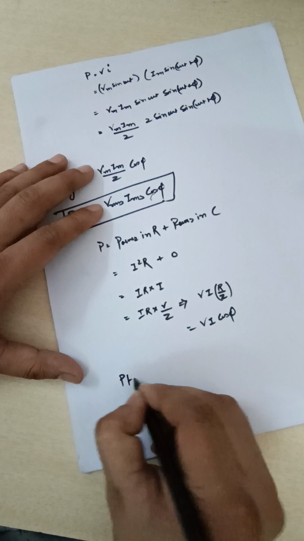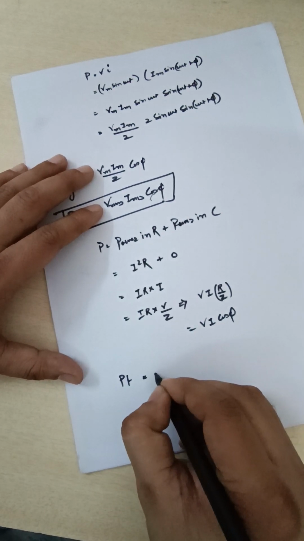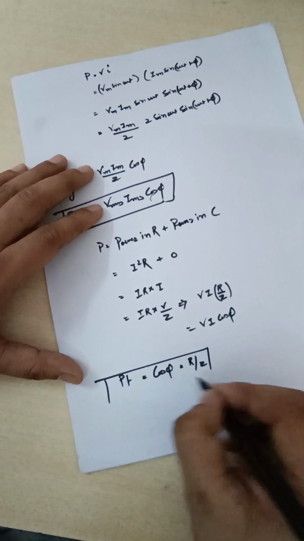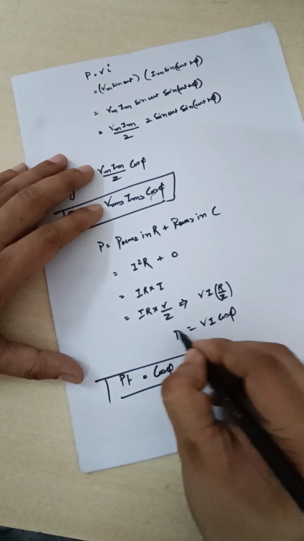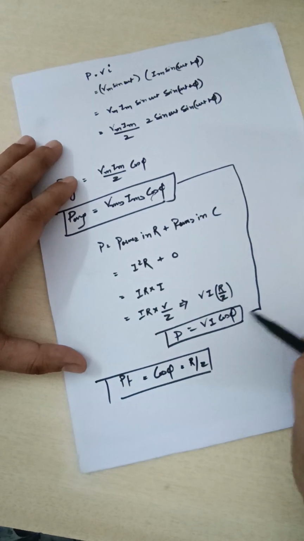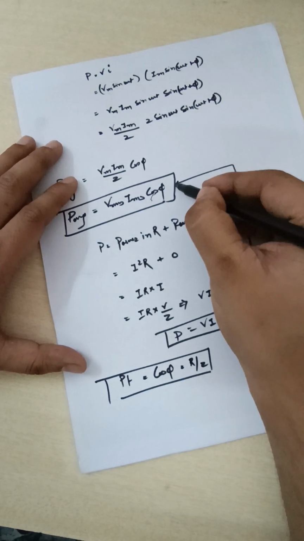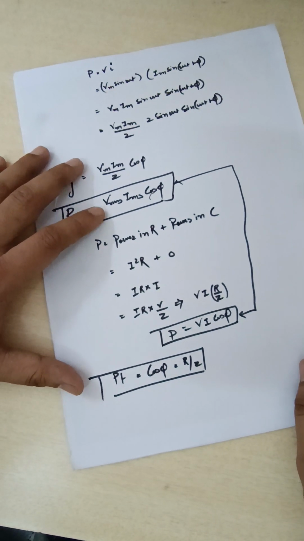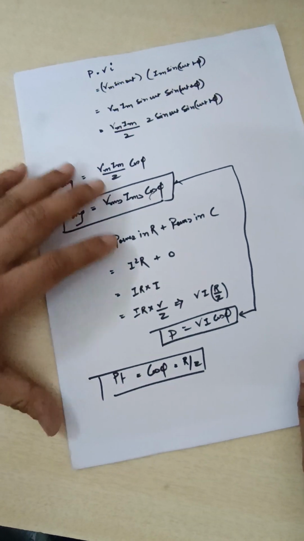So the power factor will be cos phi equal to R by Z. Okay, and this is the P we obtained earlier. This is the same. Clear? So this is the scenario of the series RC circuit.